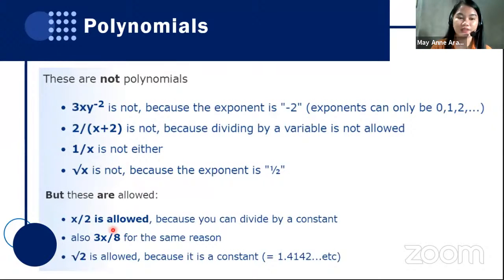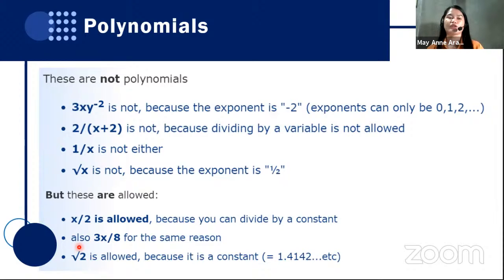But these are allowed. X over 2 is allowed. So since ang nasa denominator naman dito is the constant, okay lang na nasa numerator yung variable. Wag lang sa denominator. Same with 3x over 8. Still, constant pa rin yung nasa denominator, so it's okay. And for square root of 2, since 2 is a constant, this is also a polynomial. Basta variable lang yung bawal.